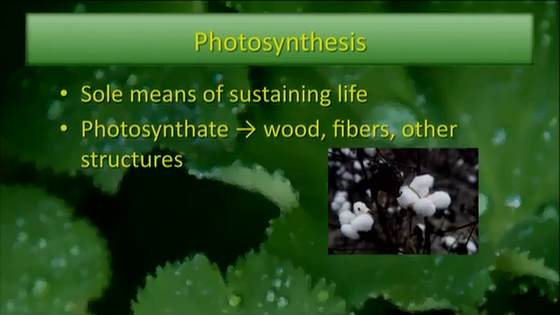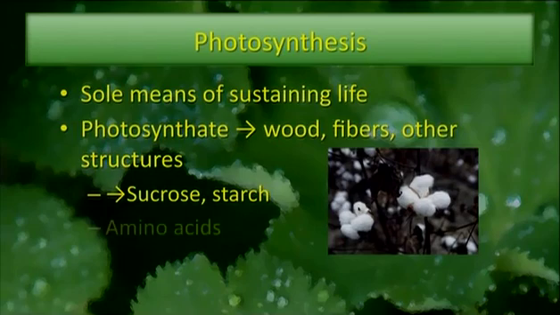It's also used to make sucrose, a form of sugar that the plant transports in itself. Photosynthate is also used to make starch, a deposition product the plant uses to store energy, and amino acids for proteins.